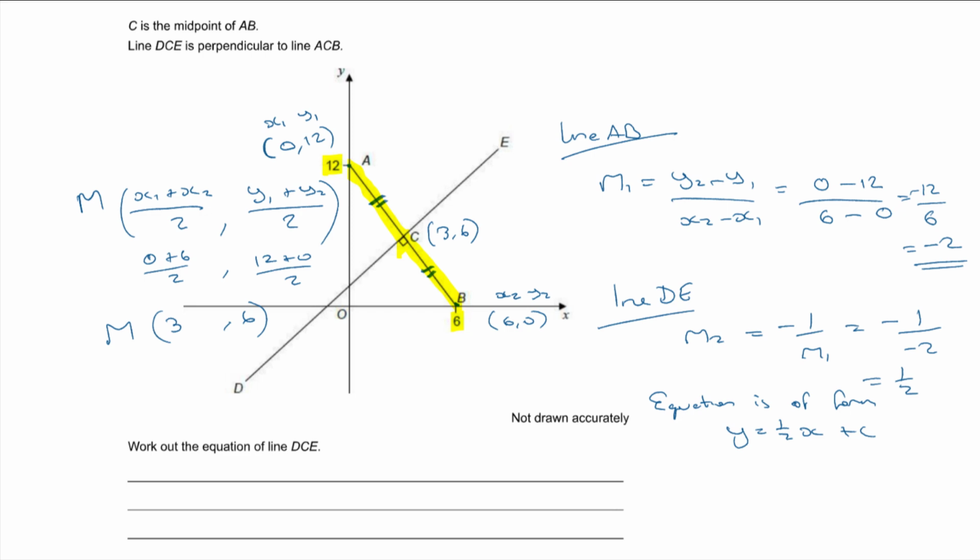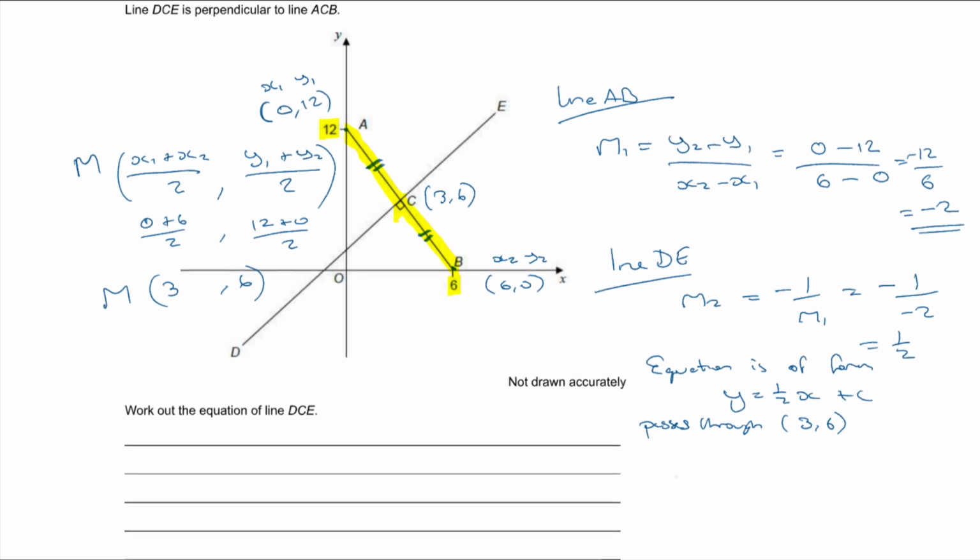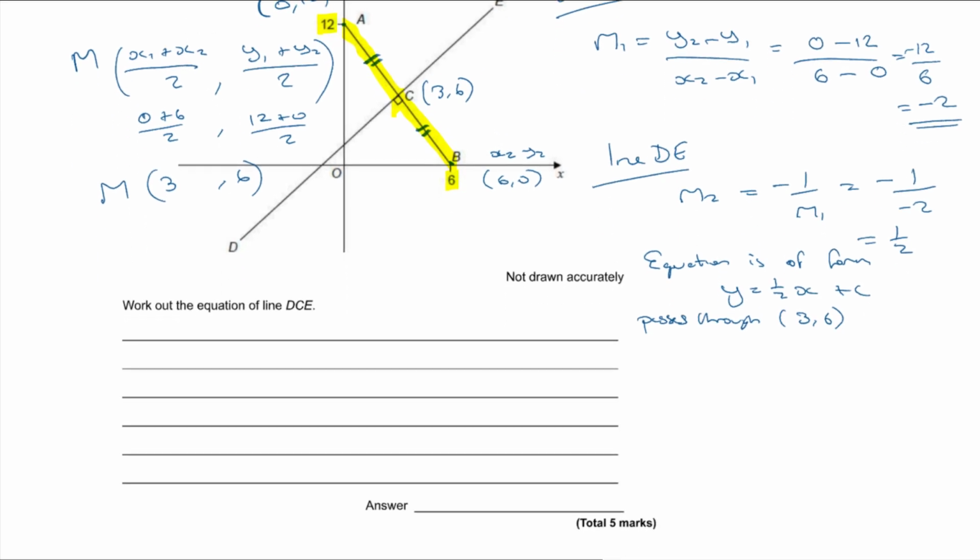Right, so I know then that the line passes through 3, 6. Okay, and so if I sub that in, then 6 is equal to a half of 3 plus c. So a half of 3 is 1.5, and 1.5 taken away from both sides is 4.5, isn't it?